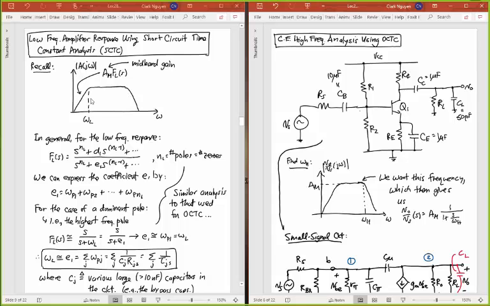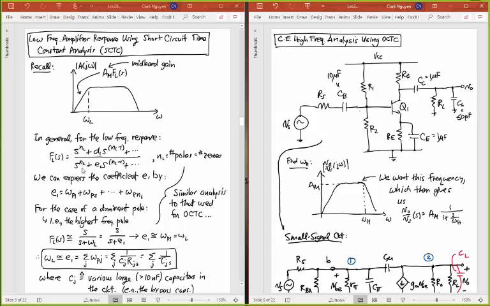If we have a dominant pole, which means that one of the poles is much larger than the rest of them in this system, then we can use a similar analysis to what we did for open circuit time constant analysis. If you didn't watch that lecture, you need to watch that lecture. Otherwise, you're not going to understand what I mean by dominant pole. But in this case, a dominant pole is the highest frequency pole out of all the other poles there.